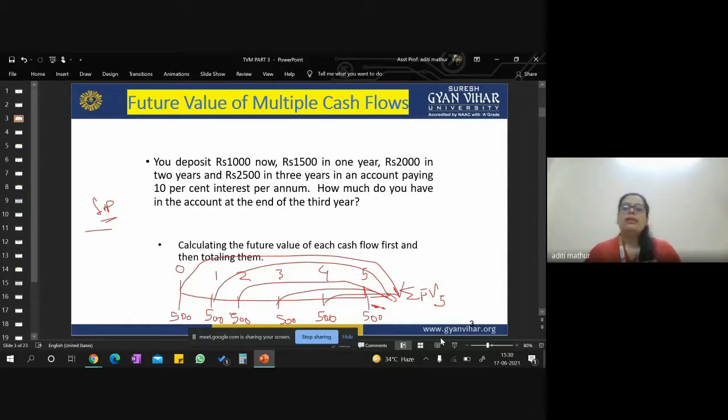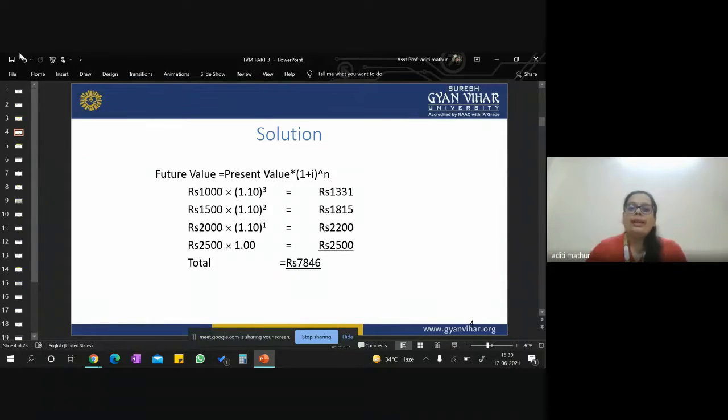The first thing is that it is per annum, so there are no compounding adjustments you have to make to I and N, which we discussed in our previous video. So this is one of the simplest situations. How much do you have in the account at the end of the 3rd year is what we have to calculate, right? Let us first draw the timeline.